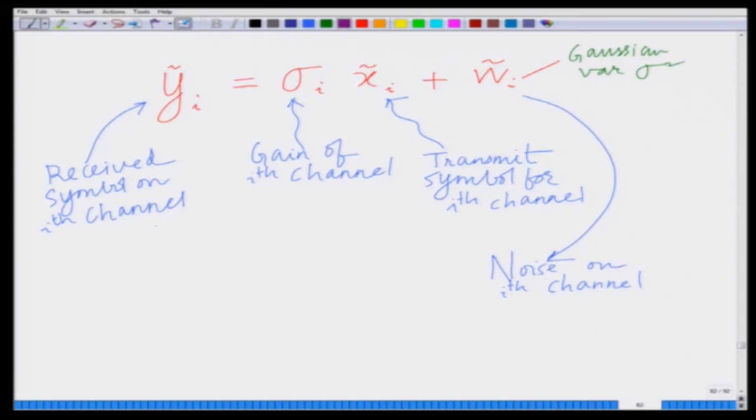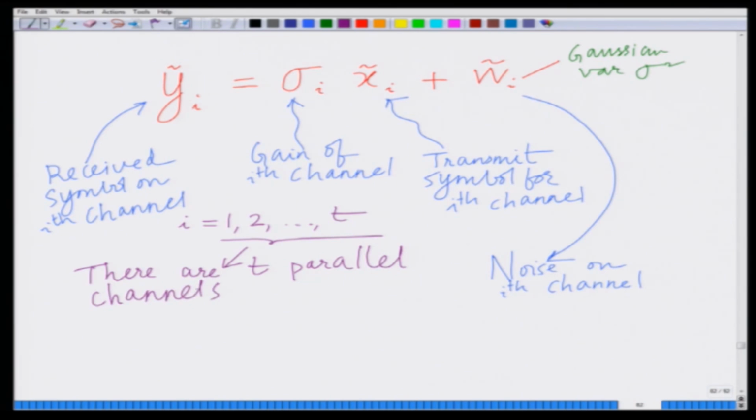So, for i equals 1, 2 up to t, there are t parallel channels, which implies that t streams of information, that is, t information symbols, can be transmitted in parallel.